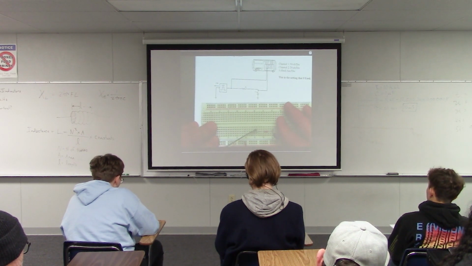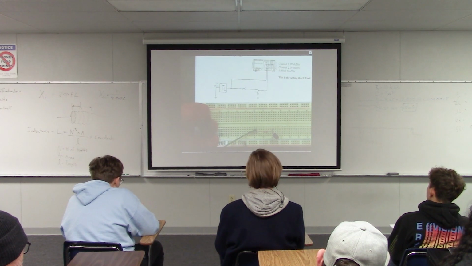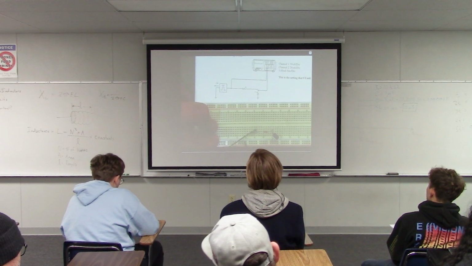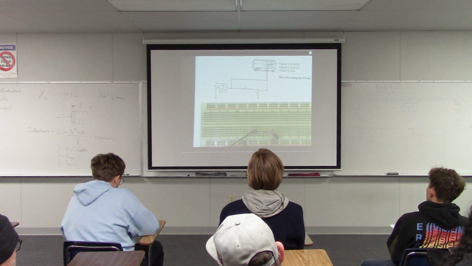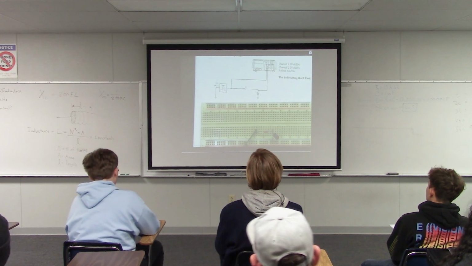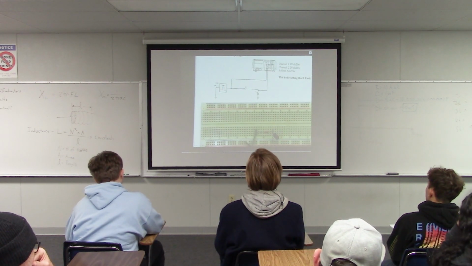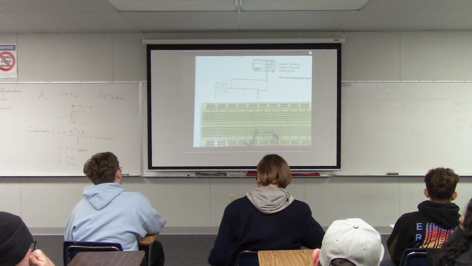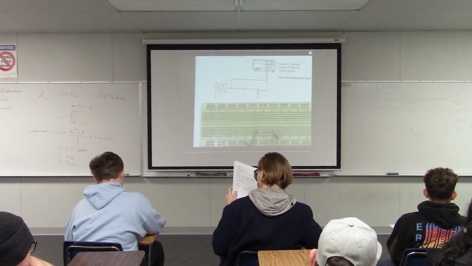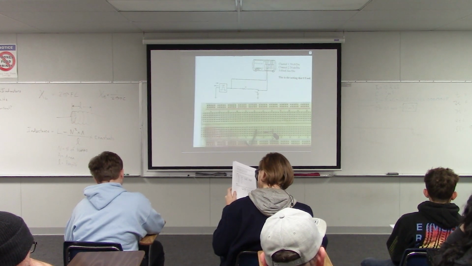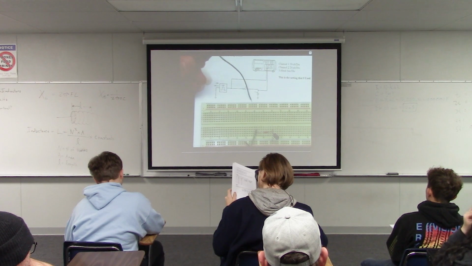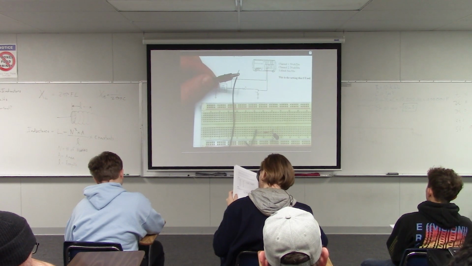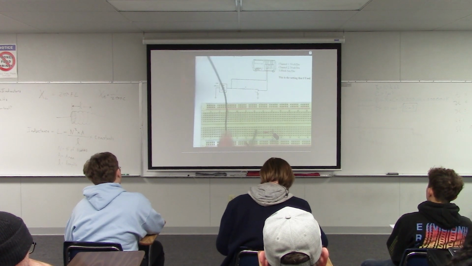Now I'm going to hook up my oscilloscope. I'm going to take one of the leads from the oscilloscope. I've got the little ground clip here from the oscilloscope, and I'm going to hook that into ground.